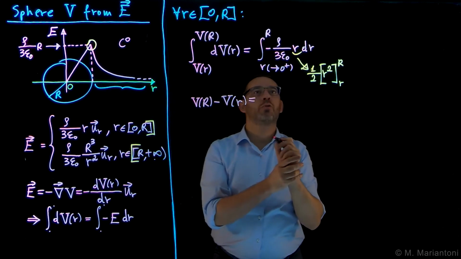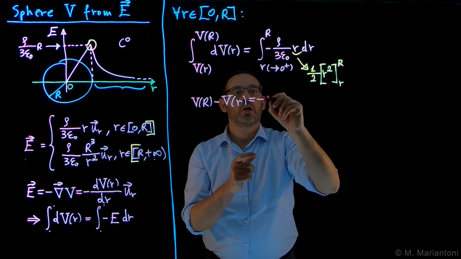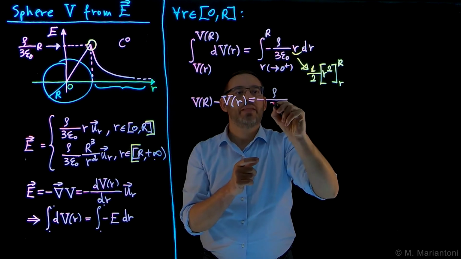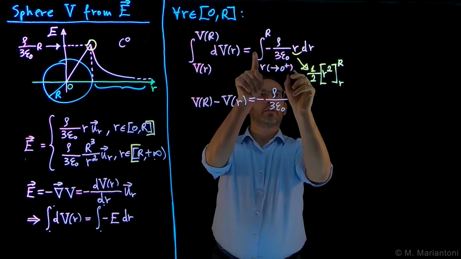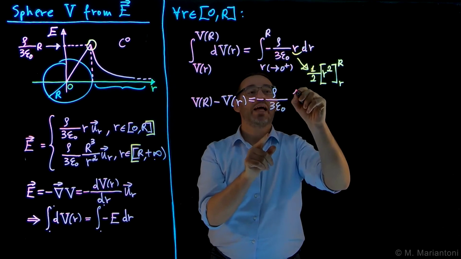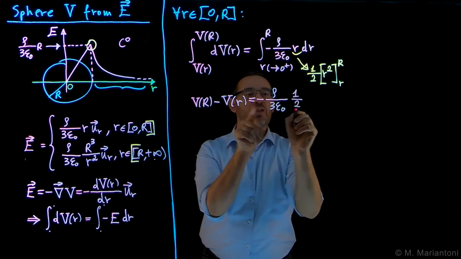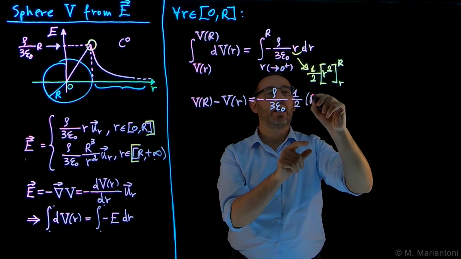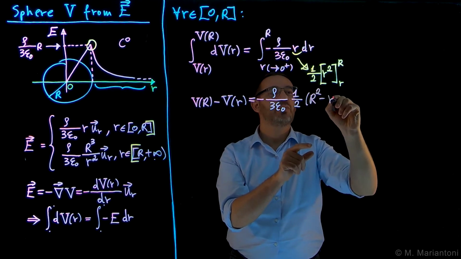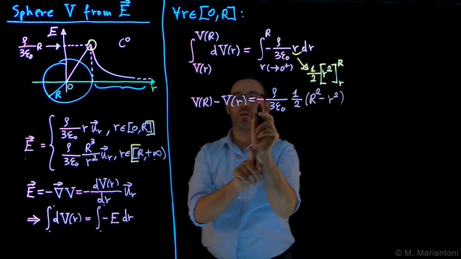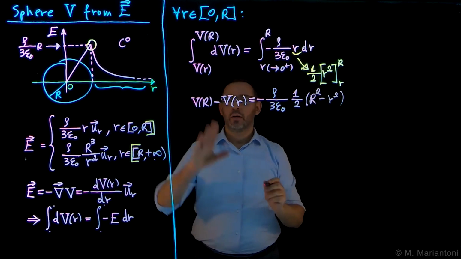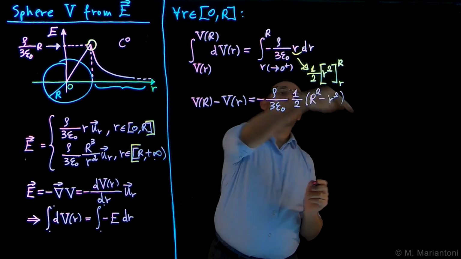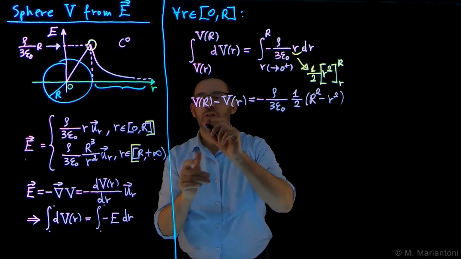This has to be equal to minus rho divided by 3 epsilon naught times 1/2, so it becomes eventually 6 epsilon naught, r squared computed at capital R squared minus small r squared, with a minus sign, but there is another minus sign. So now let's take V of capital R on the right hand side and let's change this sign.